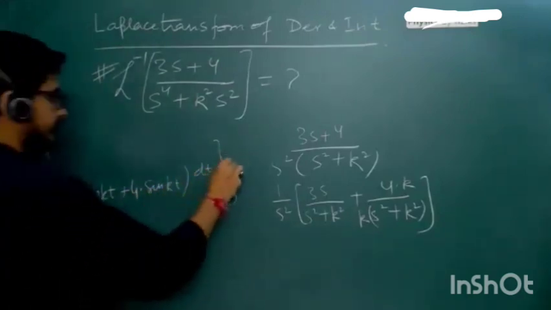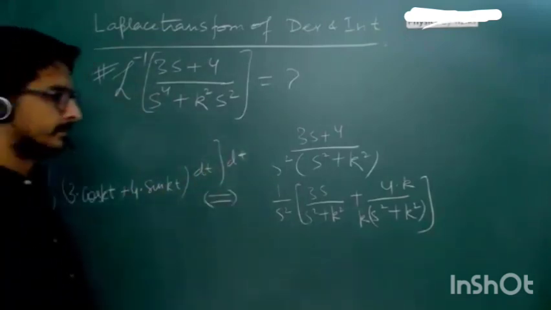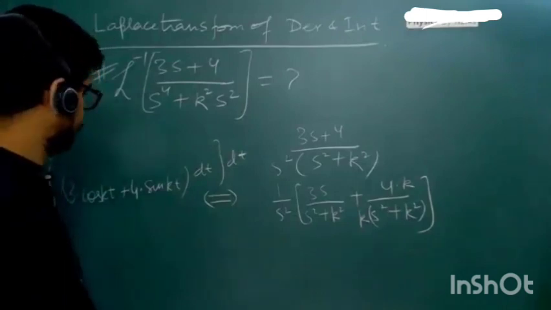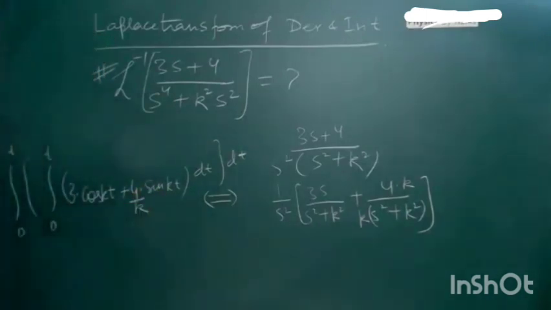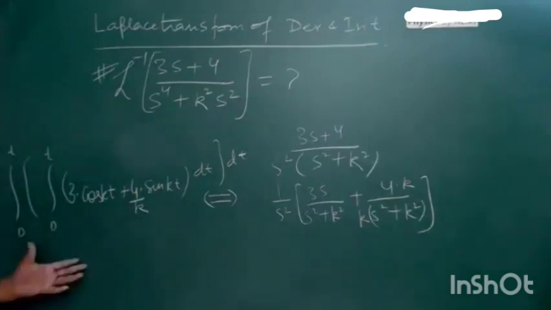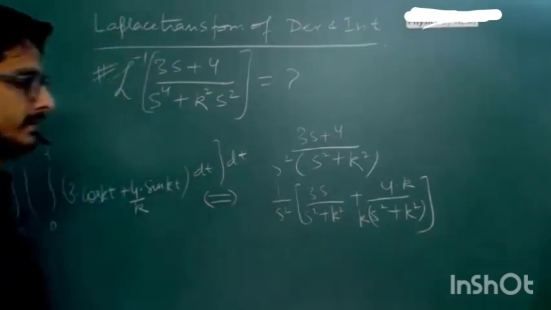Correct? So it will be 4 by k, because we multiply and divide by k. Please see this. Understood or not? Yes, sir. One time 1 by s will come and then again 1 by s will come.